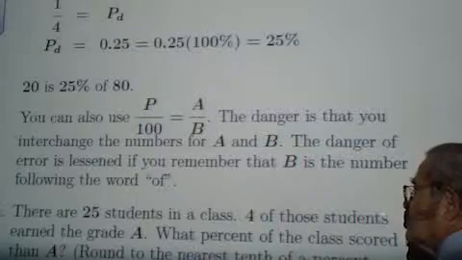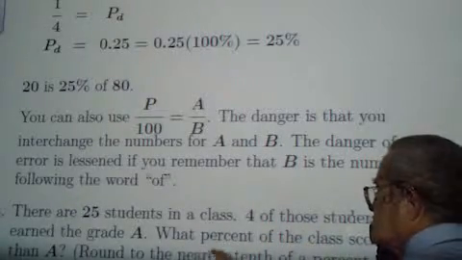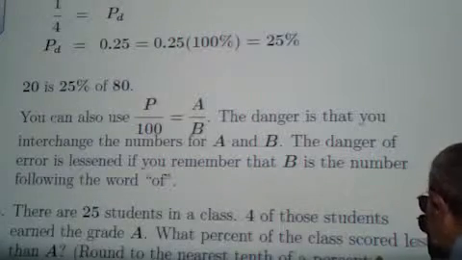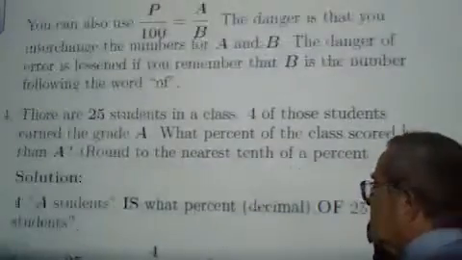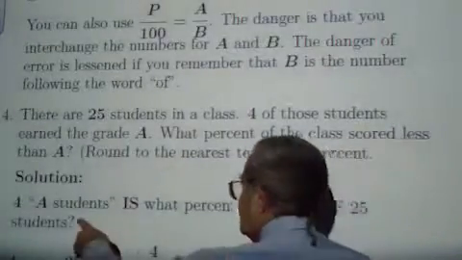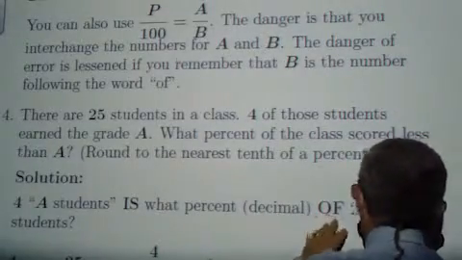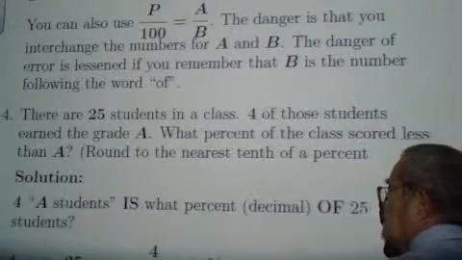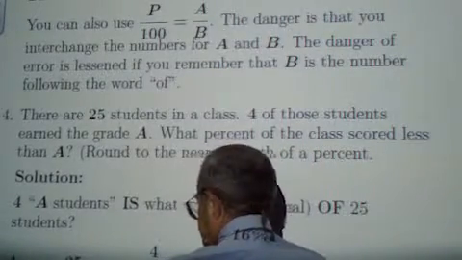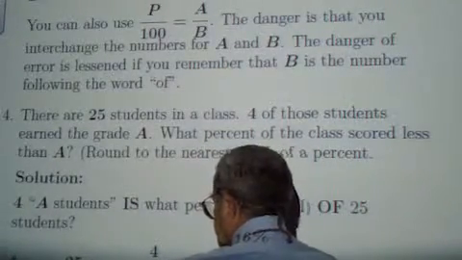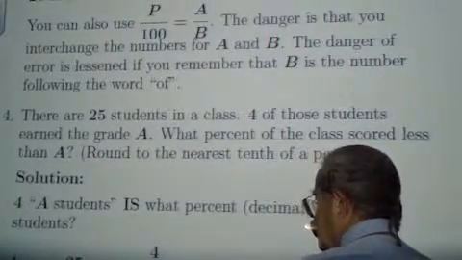And then there are 25 students in a class. 4 of these students earned the grade of A. What percent of the class scored less than A, rounded to the nearest percent? So 4 A students is what percent of 25? 4 is what percent, p or x, of 25. Divide both sides by 25, multiply by 1 in the form of 100% to get the percent.